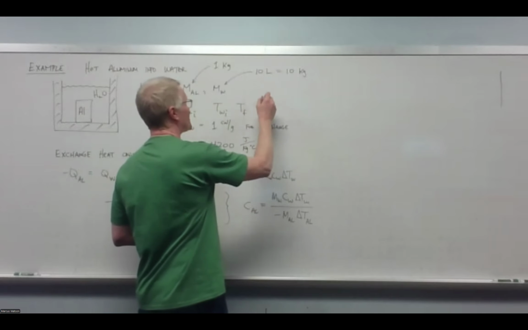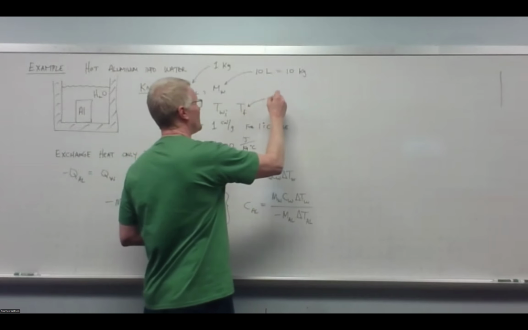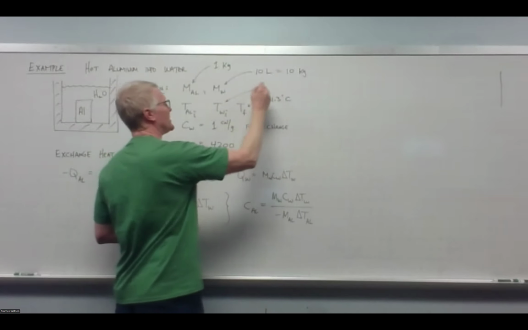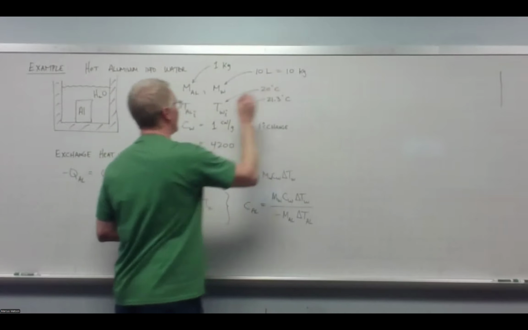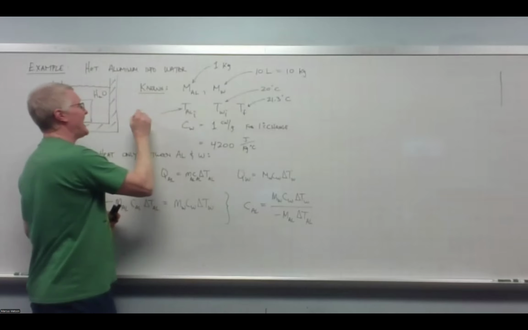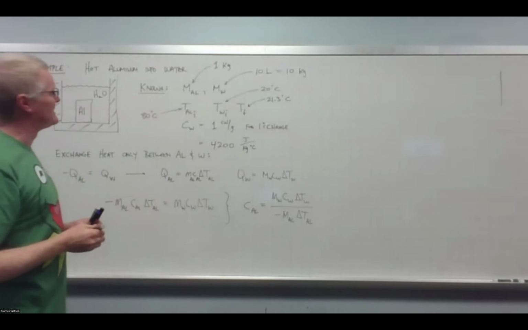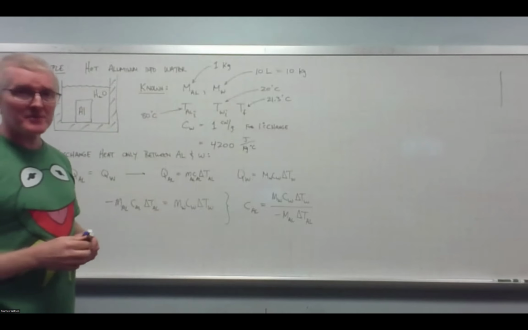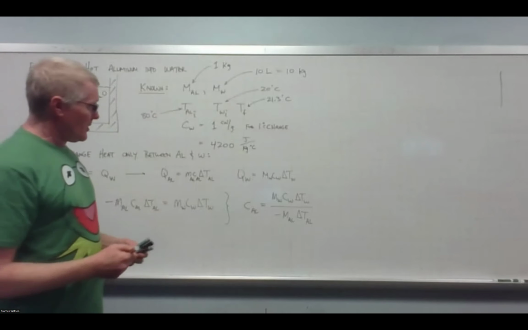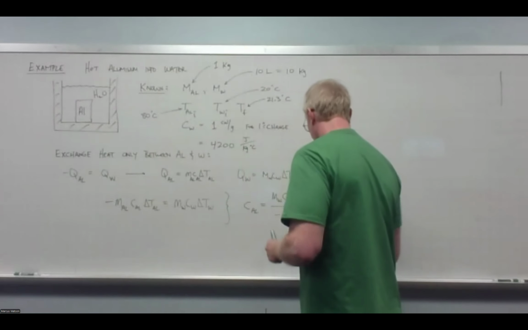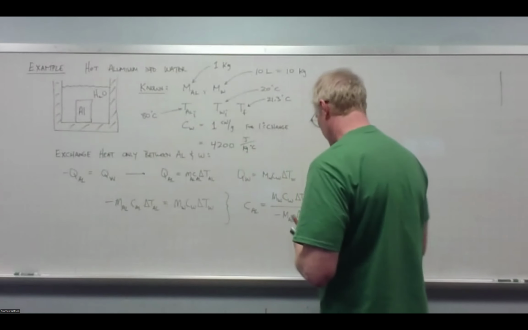Suppose that I have a final temperature of 21.3 centigrade. The water was initially at 20 centigrade, but the aluminum was initially at 80 centigrade. If I plug all of these numbers in, I can do that here.